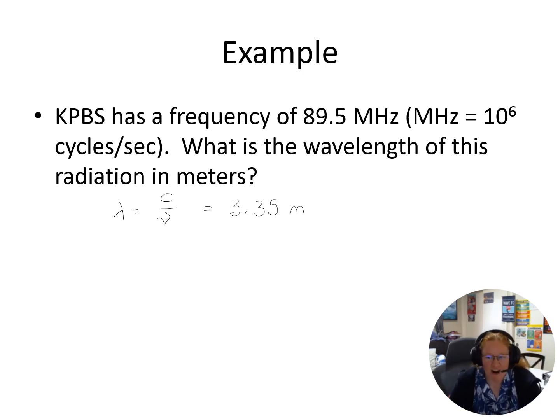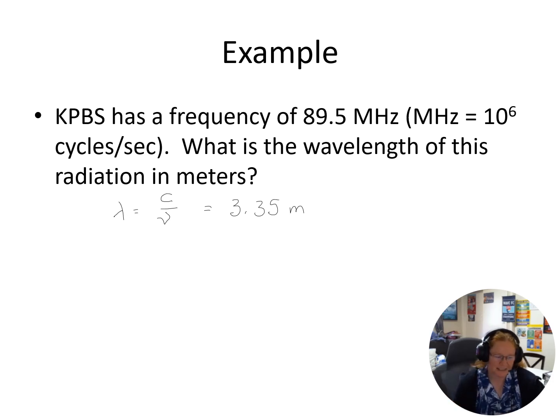So try those. The math isn't hard. It's just an easy division. The hardest part on these is making sure that you put everything into the correct unit such that the meters can cancel out with the speed of light, and that you know how to enter everything into your calculator properly.